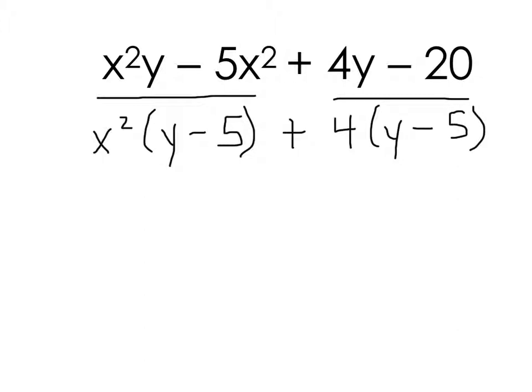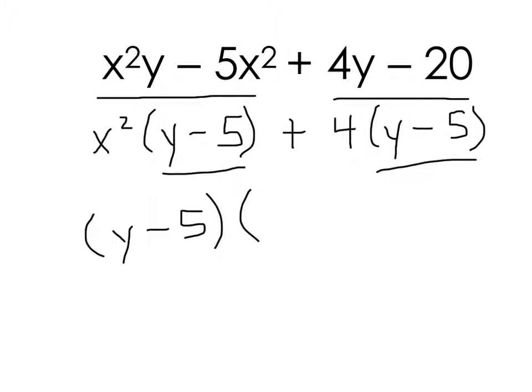We hope that when we group this first group and the second group that we have a common factor. And that's what we have. We have y minus 5 as our common factor. So factor it out. What is left? x squared plus 4.